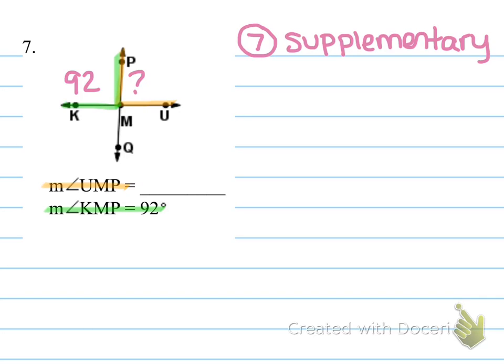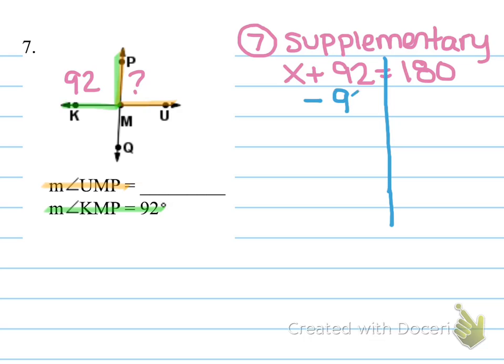So using a variable instead of the question mark, x plus 92, since they're supplementary, the definition says they will add up to 180 degrees. So solving for the missing angle measurement now, you should see a pattern here. The operation is addition for all of these, so we undo that with subtraction.